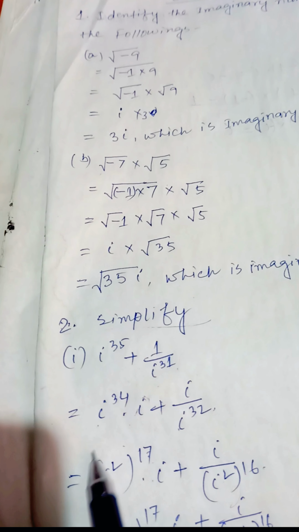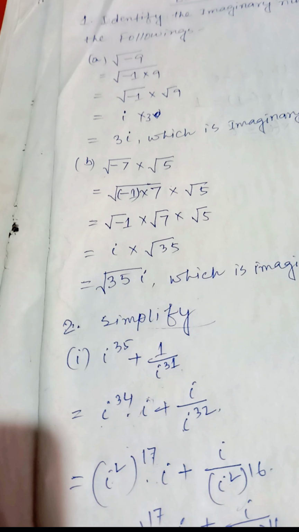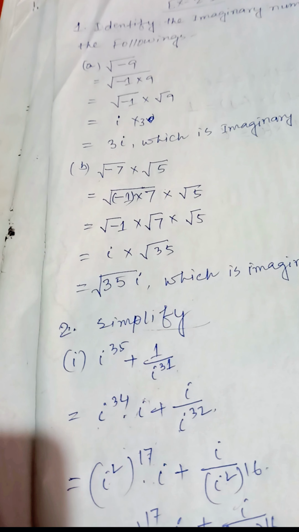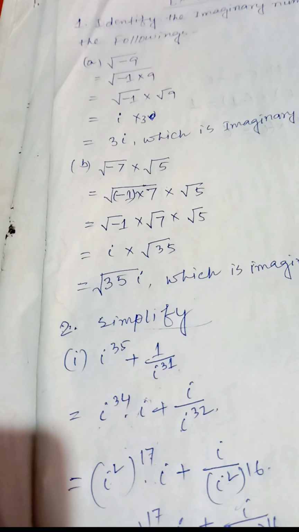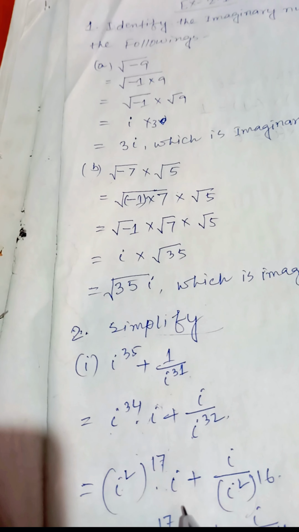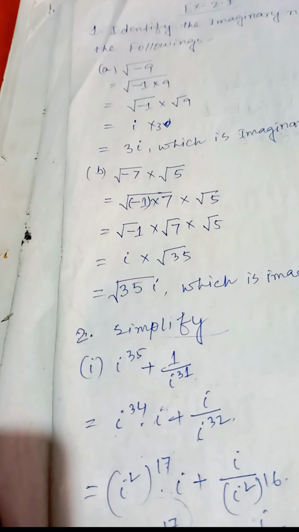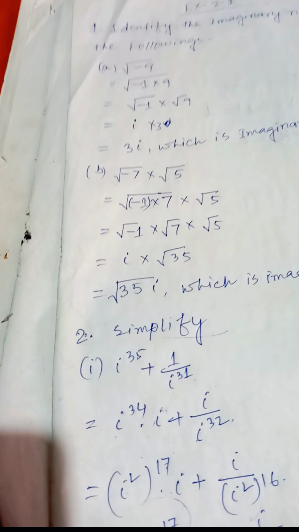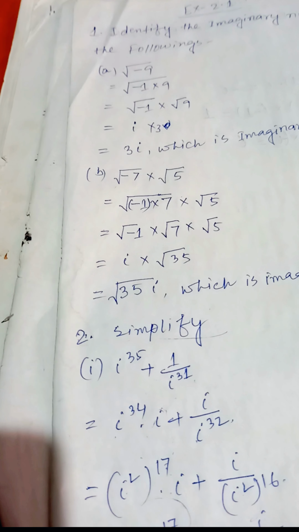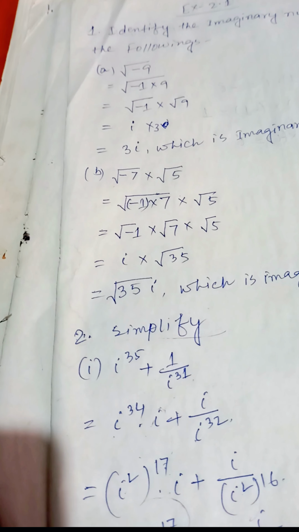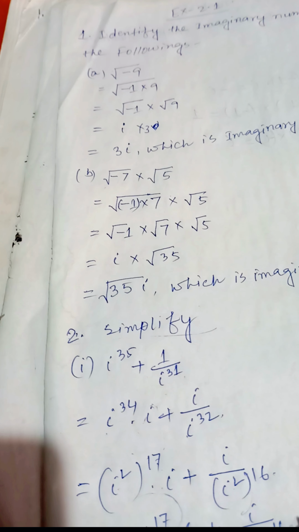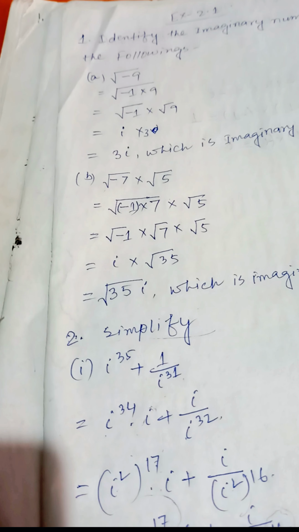And the value of iota square is minus 1, whole to the power 17, into iota, plus iota by the value of iota square, minus 1, whole to the power 16. If the power is an odd number, the result is minus 1, so minus 1 into iota, plus iota by, the power is 16, which is an even number.